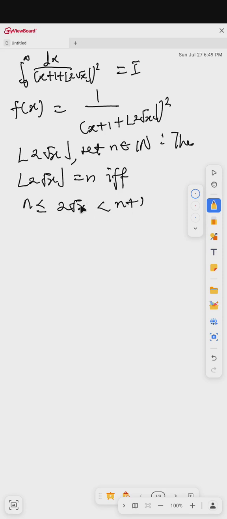If that holds, then the floor function of 2 root x equals n. Now the next thing we are going to do is to find x.